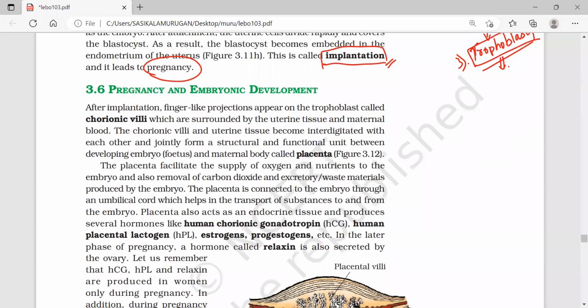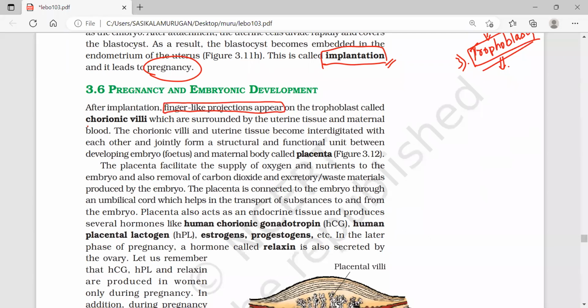Let me discuss pregnancy and embryonic development. When implantation is confirmed or completed, then from the trophoblast, finger-like projections start appearing, and these are called chorionic villi.